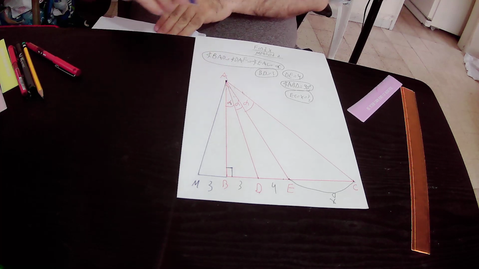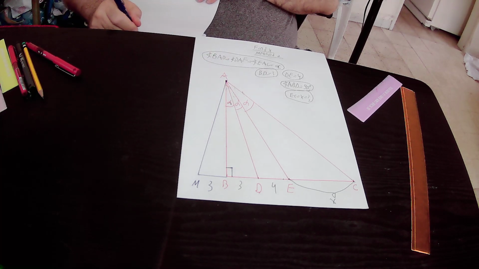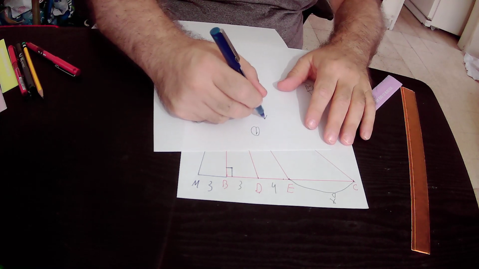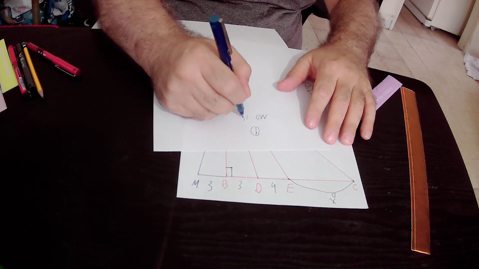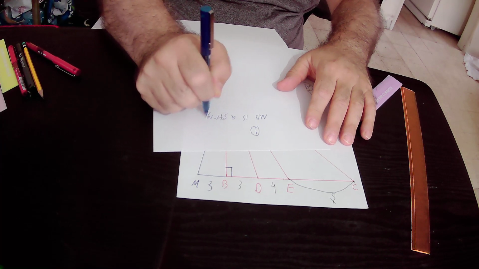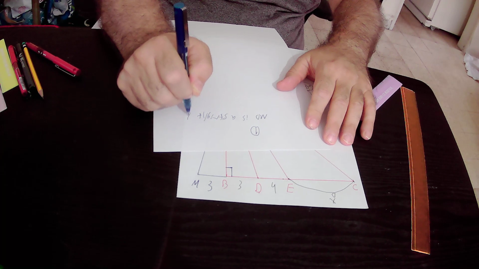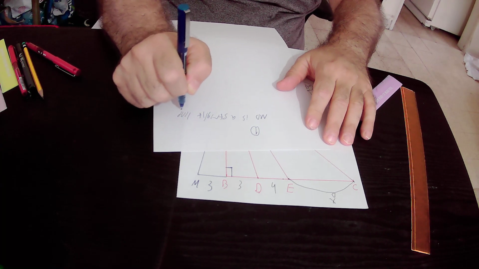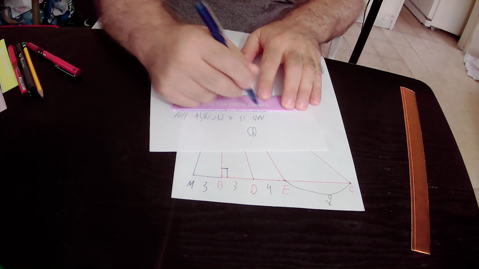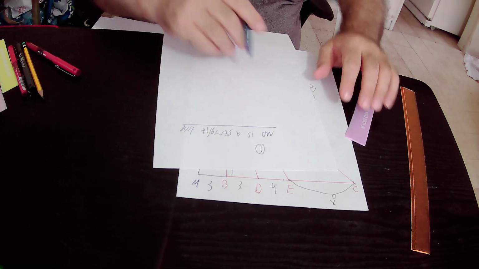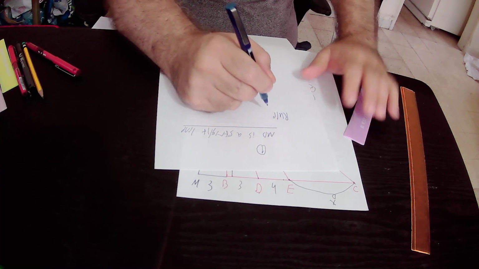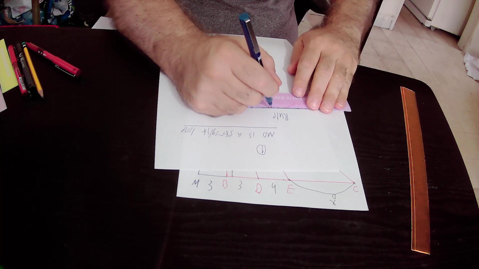So MD is a straight line, and we have the rule that states that the sum of the angles on a straight line equals to 180 degrees.